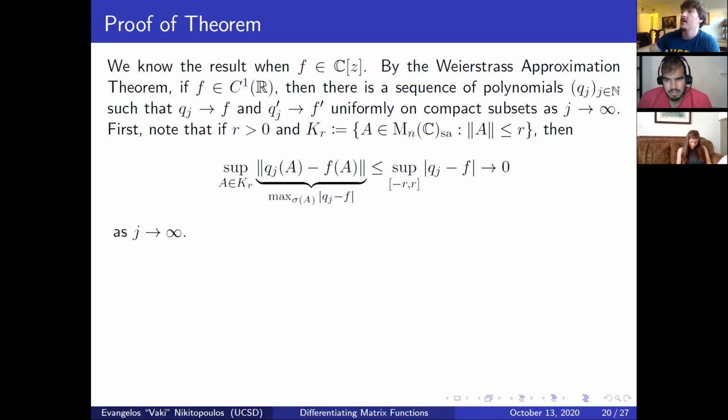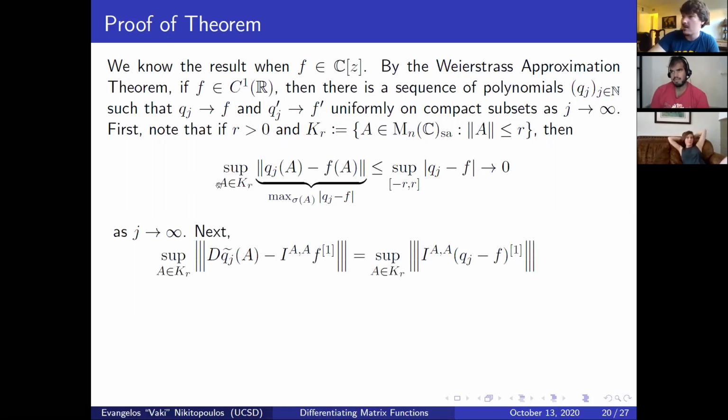Then, if you look at Qj(A) minus F(A), this is really Qj minus F applied to A, which has operator norm equal to the maximum over the spectrum of Qj minus F. Now, the spectrum is of a matrix with operator norm less than or equal to R, so these numbers will be absolute value at most R. So this becomes the supremum over minus r to r of Qj minus F, which goes to 0 because of the uniform convergence on compact subsets.